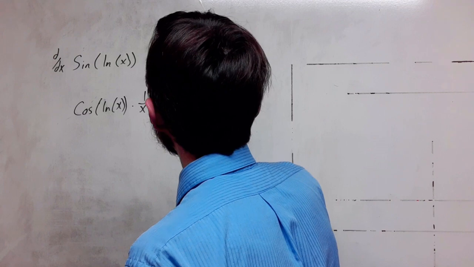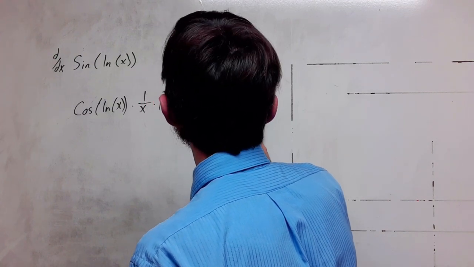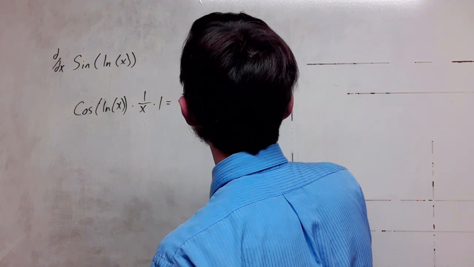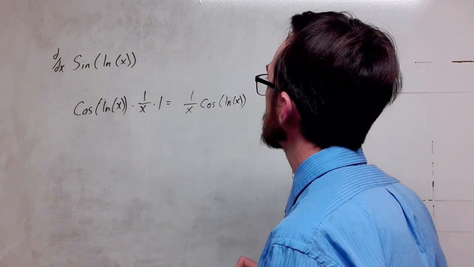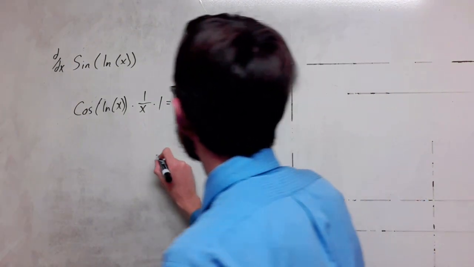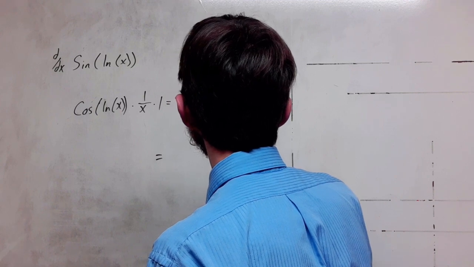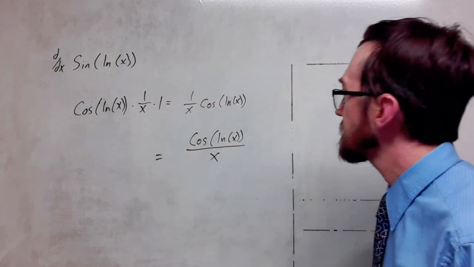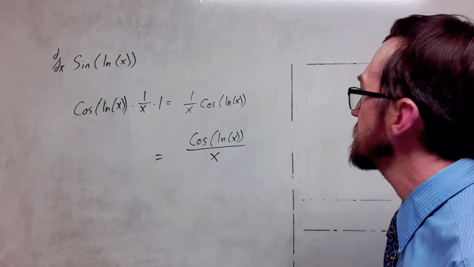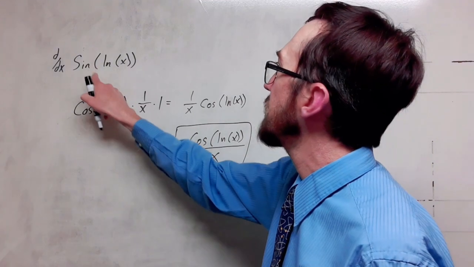And the product we get here is 1 over x cosine log of x. We could also write this so that it is all one fraction. And this will be the derivative of this.